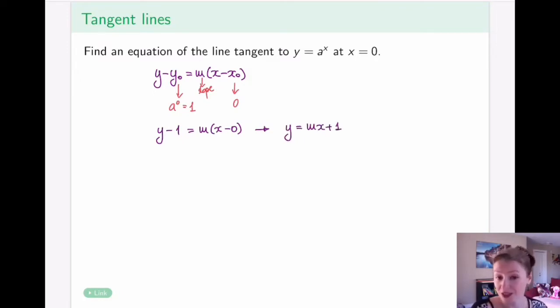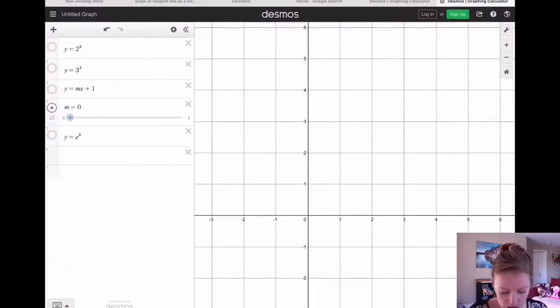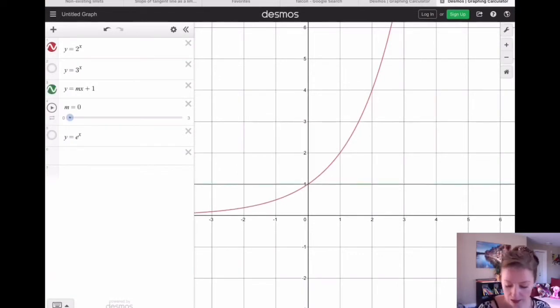Well, this is a very nice equation where all I have no idea how to describe yet is the actual slope. What we can do is try to eyeball it from the graph and see if we can see something interesting. So let's take a quick look at what these functions look like. So here I have, let's say, y equals 2 to the x, and I have a line with equation y equals mx plus 1.